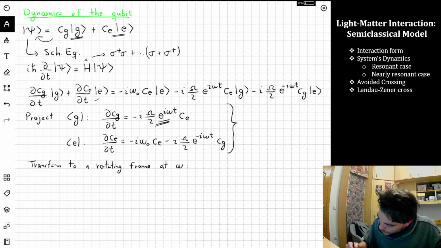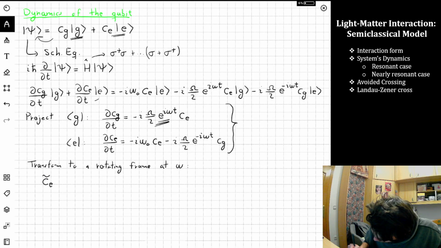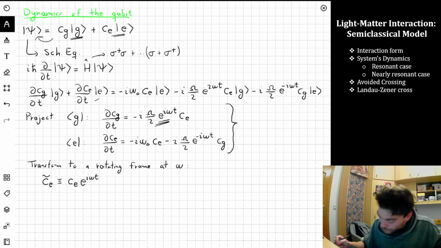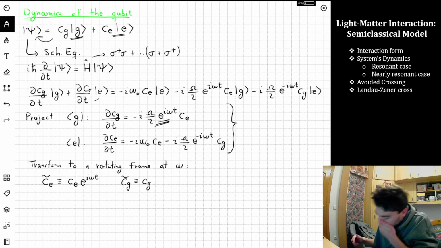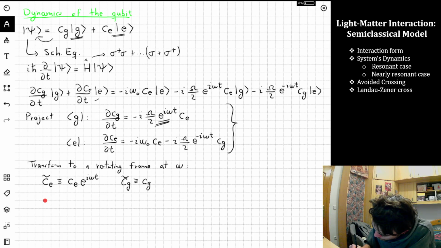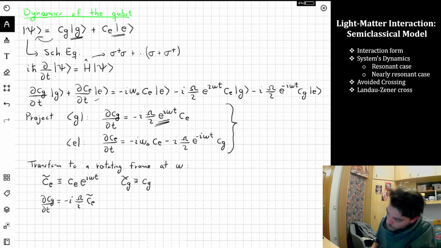In particular, we are going to define a new coefficient that physically has the same information, by the way, because it's the same coefficient as before, times e to the i omega t. And then for the ground state it is actually the same. Now with this definition we can rewrite this equation. For example, the first equation is the derivative of Cg with respect to time is just minus i Omega divided by 2, and now it's just Ce like this.